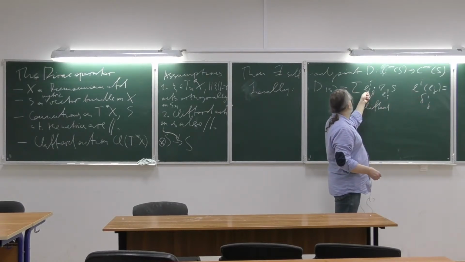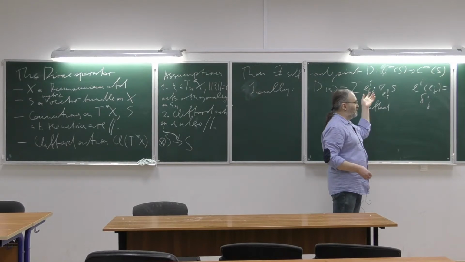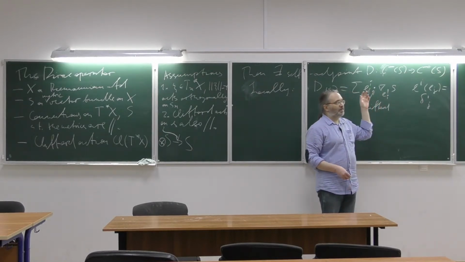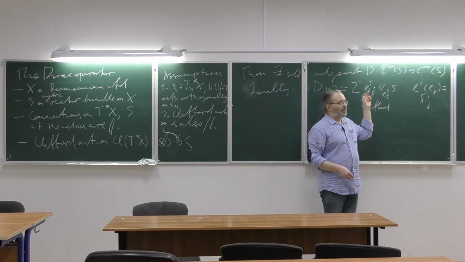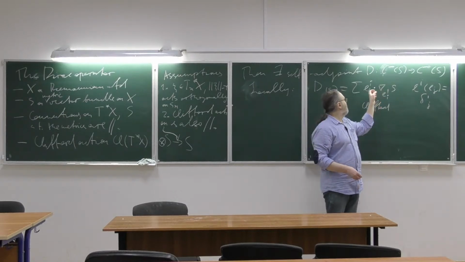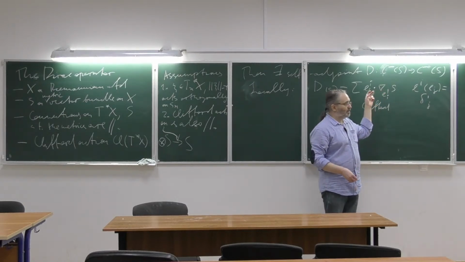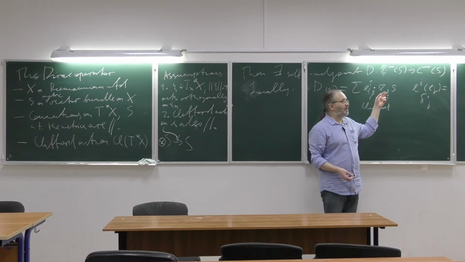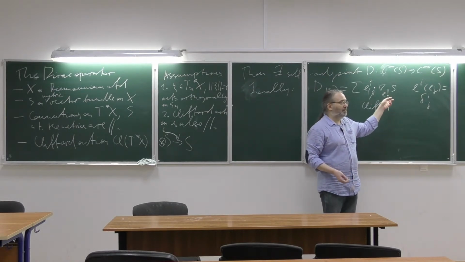Anyway, these are covectors. A family of orthogonal cotangent vectors, or covectors, which are defined in a neighborhood of some point.